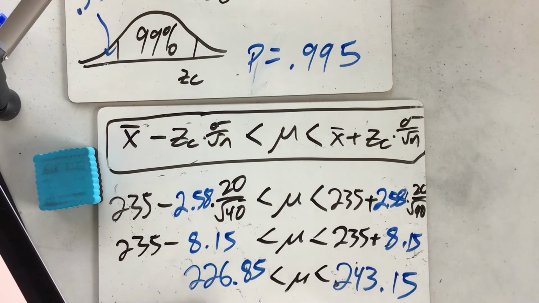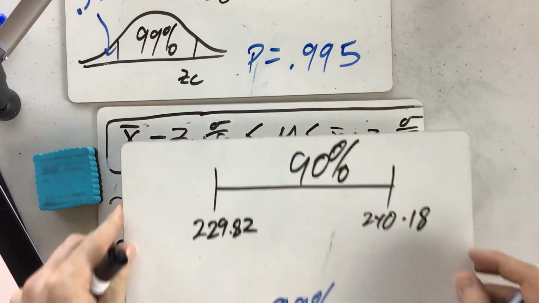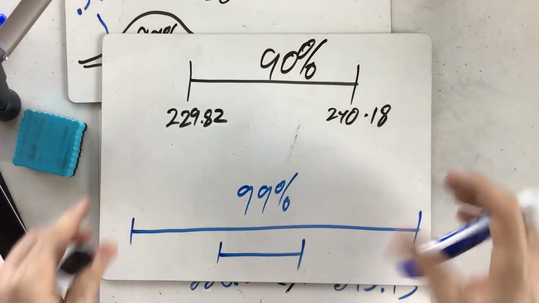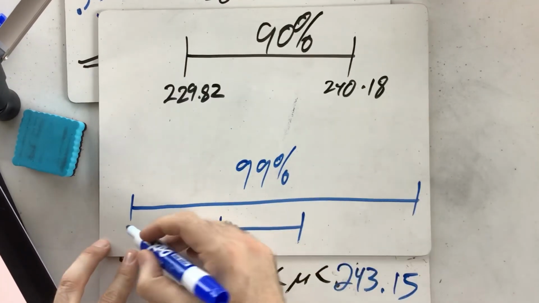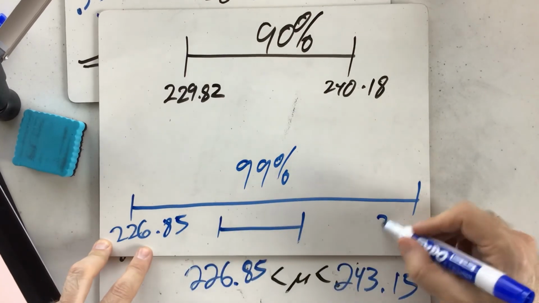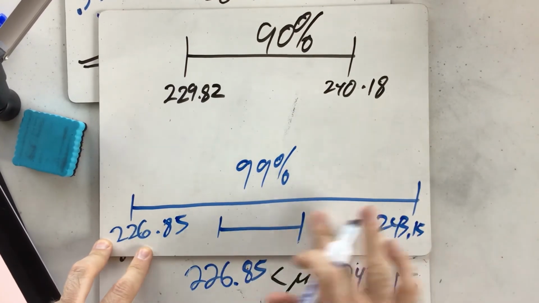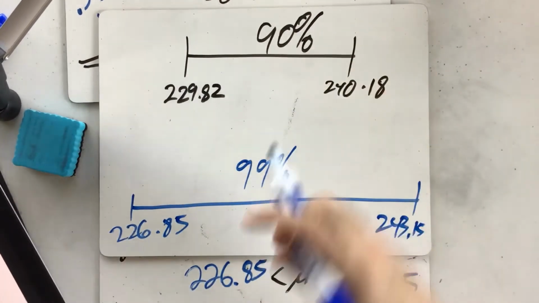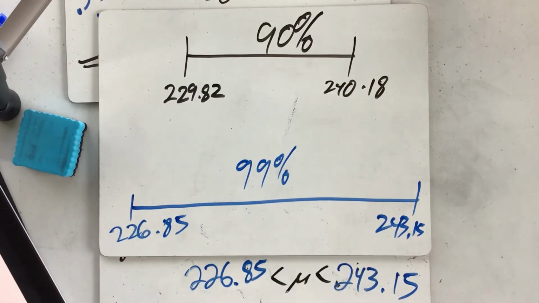So now my numbers are 226 and 243. So what numbers did I get? I got a wider range of values. So my wider range of values was now 226.85 to 243.15. So if you said 99% makes the interval wider, congratulations, you're right.